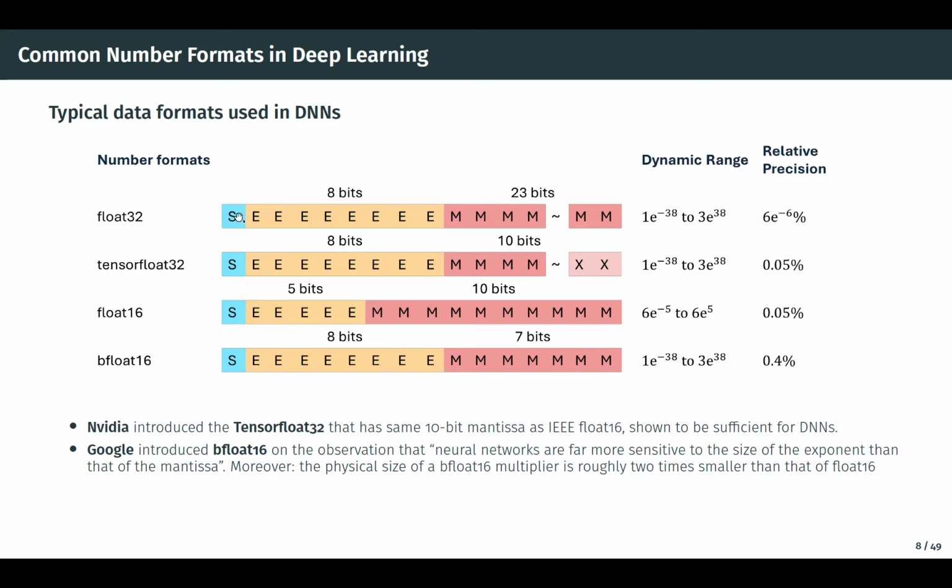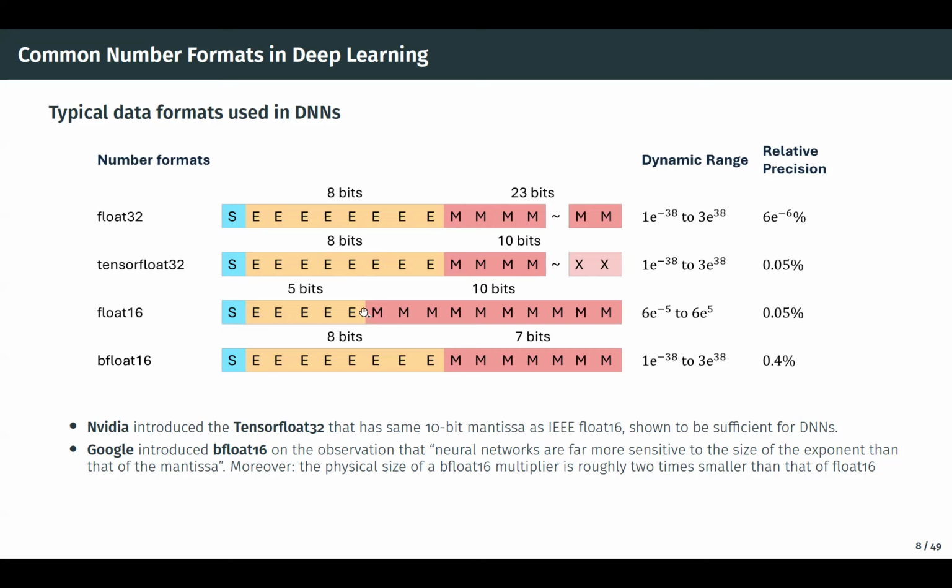They came up with TensorFloat 32, which they call 32, but it actually uses 19 bits to represent the numbers. It still has high dynamic range and high precision.